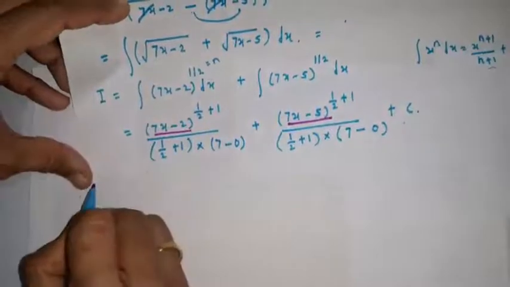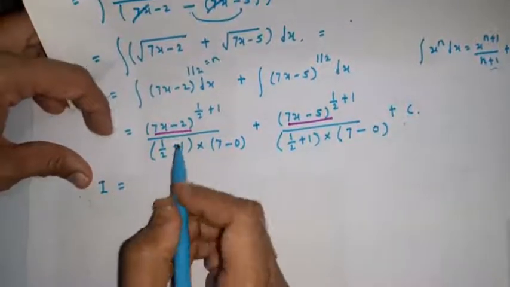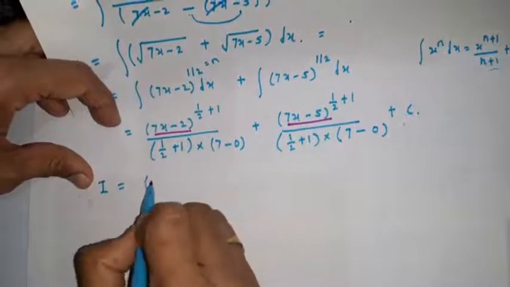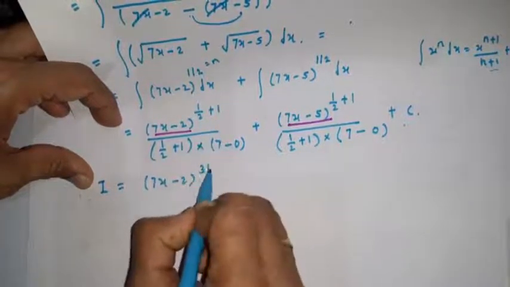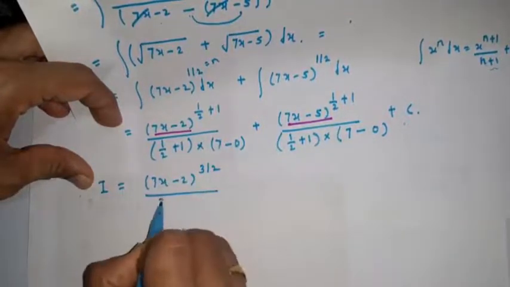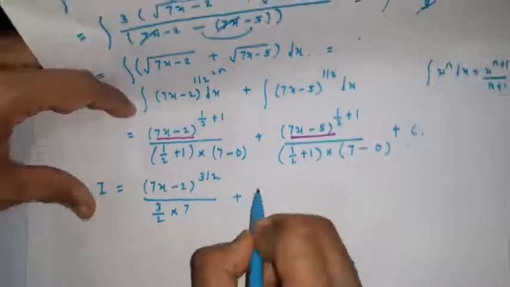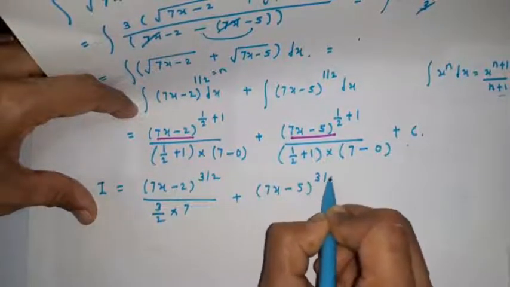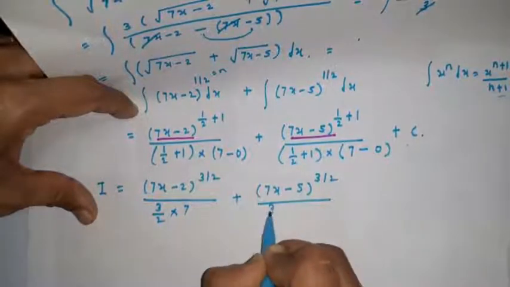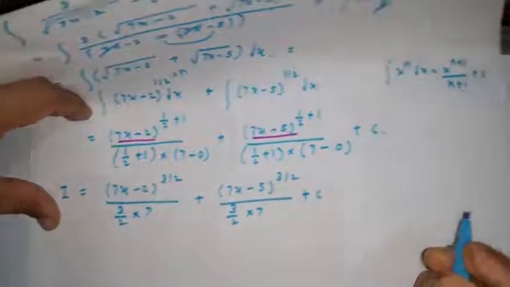And therefore the integral I is equal to 7x minus 2 raised to 3 by 2, since half plus 1 is 3 by 2, upon 3 by 2 into 7, plus 7x minus 5 raised to 3 by 2 upon 3 by 2 into 7, plus constant of integration c.